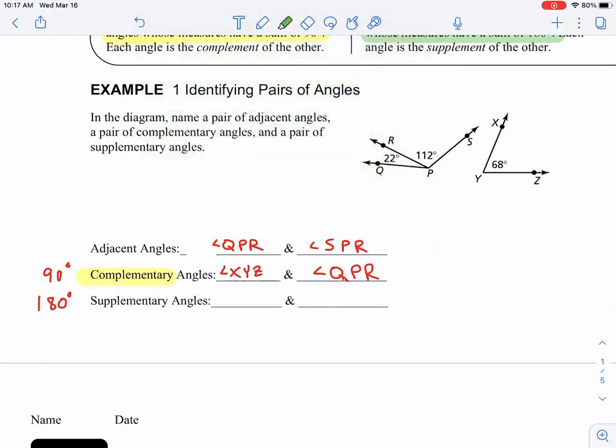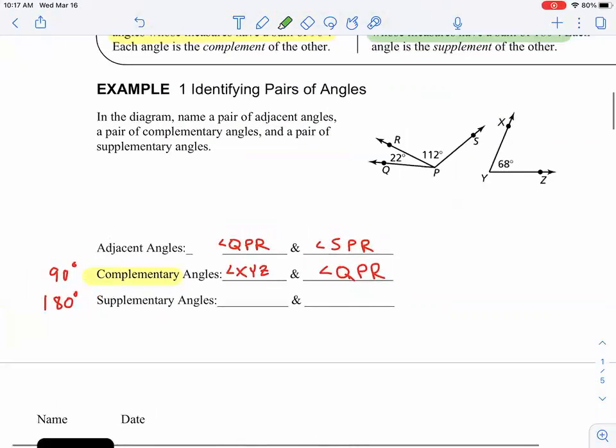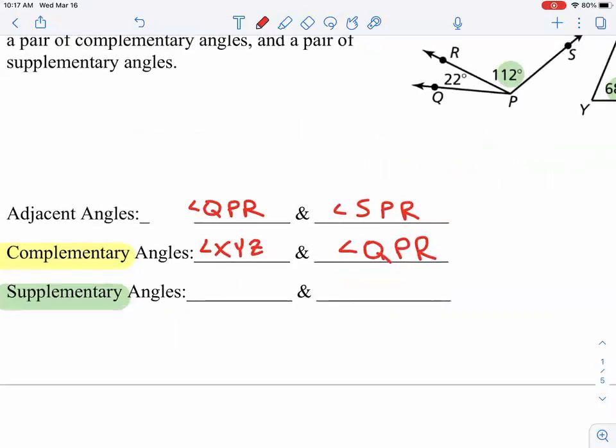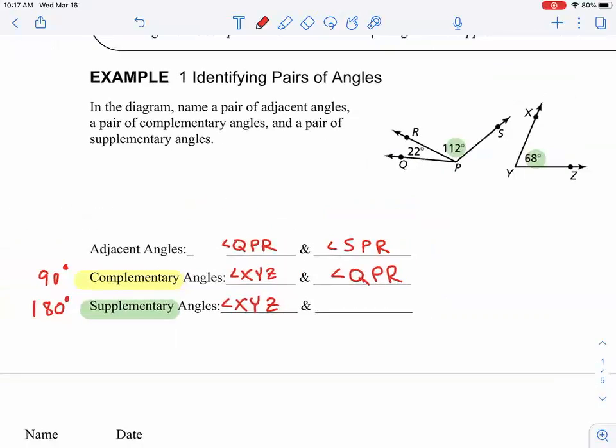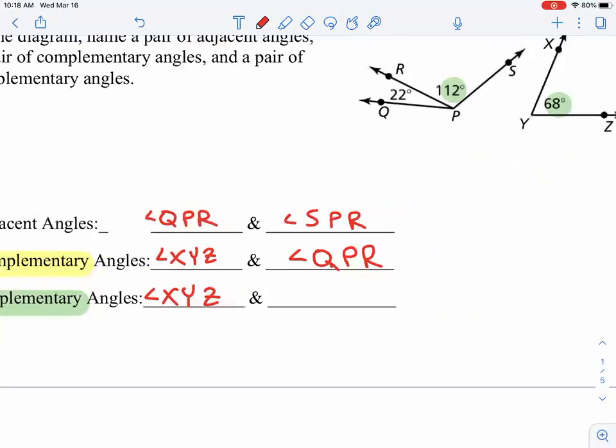Supplementary means they add up to 180. 112 plus 68 is 180. So those two angles are supplementary. So we would say angle XYZ and angle SPR.